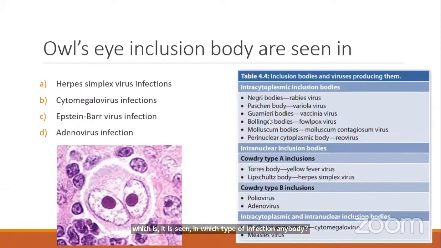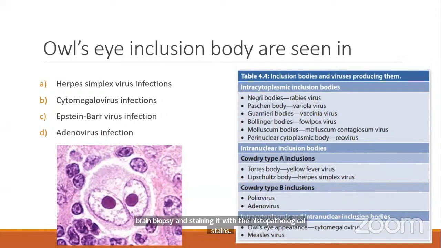So I will discuss the inclusion bodies right now. I have told you there are different inclusion bodies: intracytoplasmic, intranuclear, and a combination of intracytoplasmic and intranuclear. Very important among these is the Negri body, about which I will be dealing with in another question. Negri body is seen in post-mortem specimens, especially brain biopsy, whereas in the hippocampal or cerebellar region, if you take a brain biopsy and stain it with histopathological stains, you can see intracytoplasmic eosinophilic inclusion bodies, which are typical of rabies virus, and it is pathognomonic.